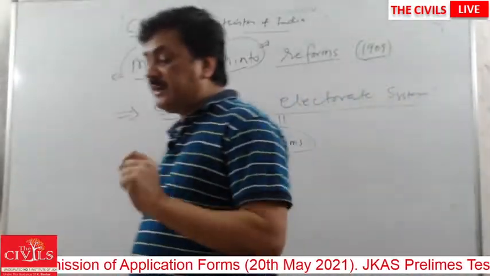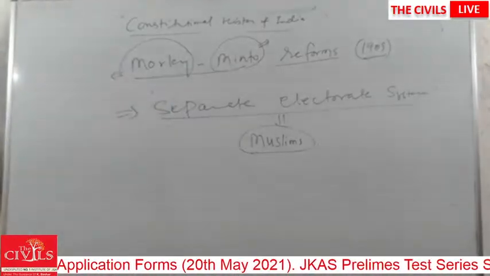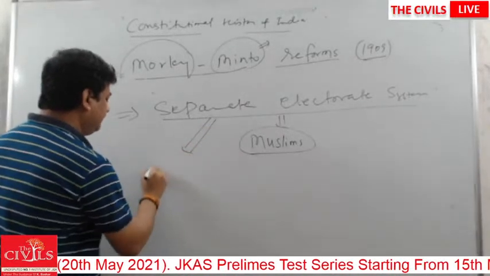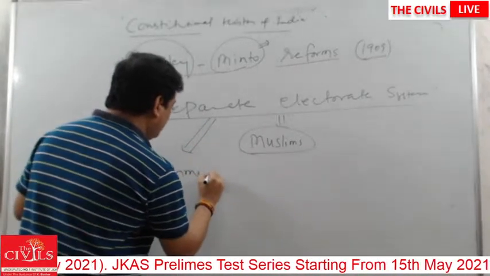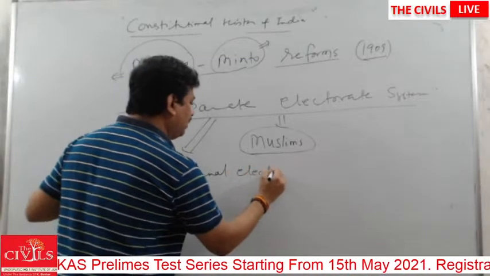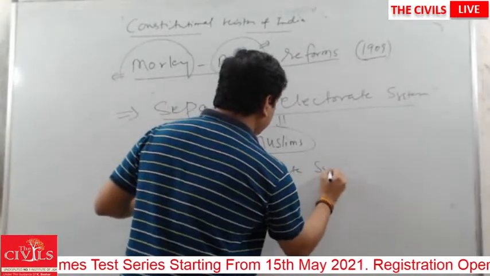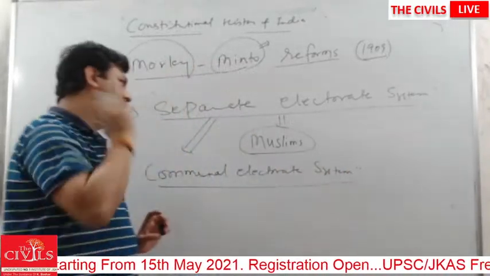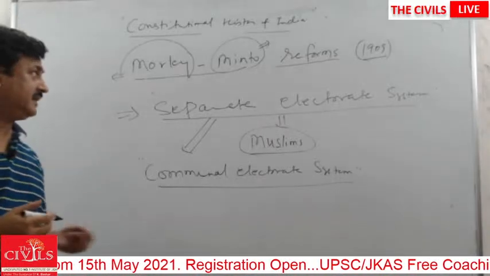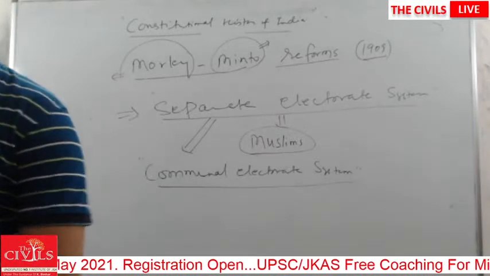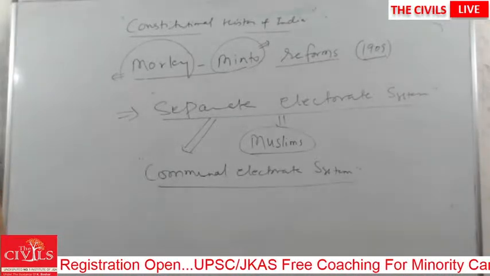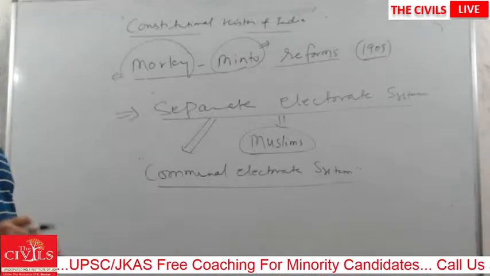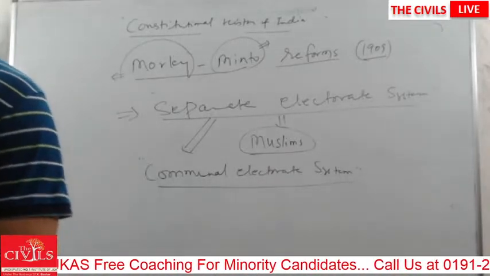This separate electorate system is also known as the communal electorate system. A separate electorate was formed after this act. The communal electorate system was introduced and the Muslims were given separate representation.